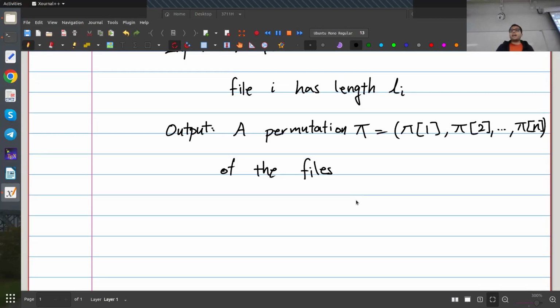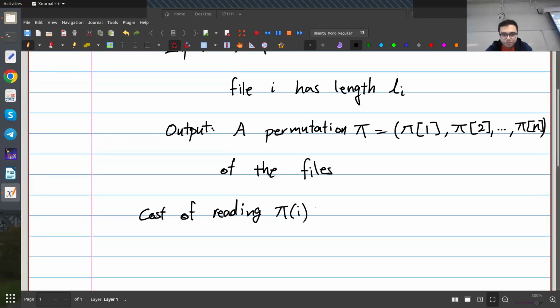So what is the cost of accessing a particular file? So what is the cost of accessing the ith file? Basically, you have to start from the beginning of your tape and go all the way until you get to that file, and then you read that file too. So the cost of reading the file that is at position i of my permutation is just going to be the sum for every j from 1 to i of the length of Pj.